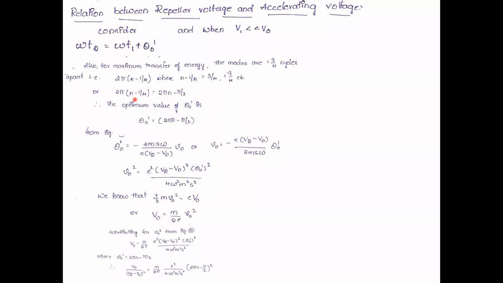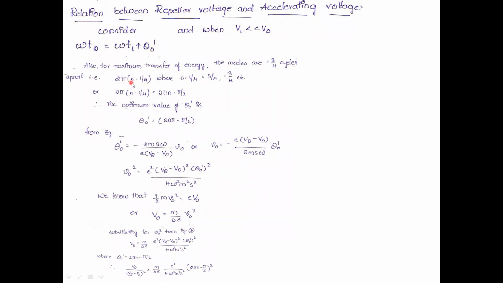For example, taking the fundamental mode, that equals 1 into 3 by 4, that is 1 3/4 cycles. At this 1 3/4 cycle, what is the past equation? 2 pi multiplied by (n minus 1/4). Clear? What is n minus 1/4? That is exactly my resonant condition, 3 by 4.